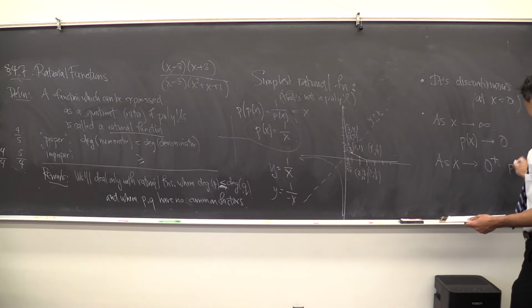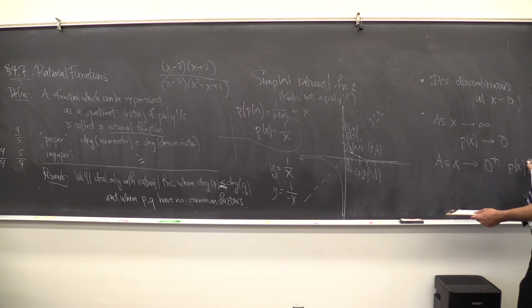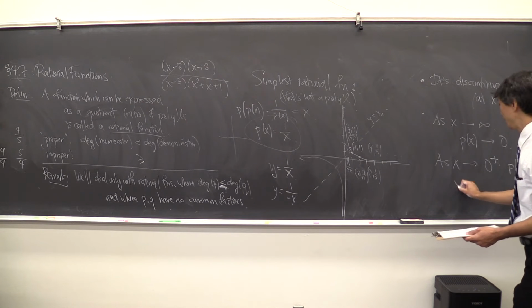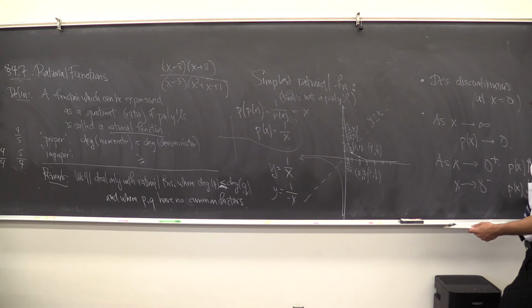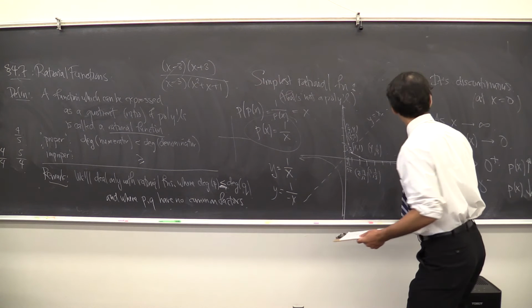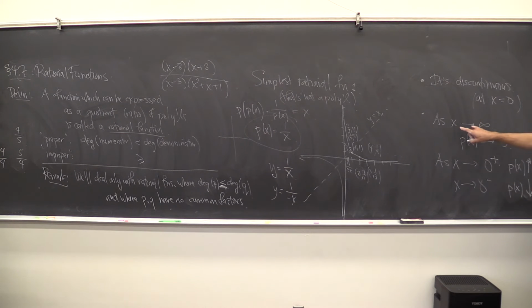P of x goes upwards towards infinity, right? And as x goes to 0 from the left-hand side, P of x goes down to negative infinity, right? As x goes to positive infinity, or x goes to negative infinity, the value tends towards 0.